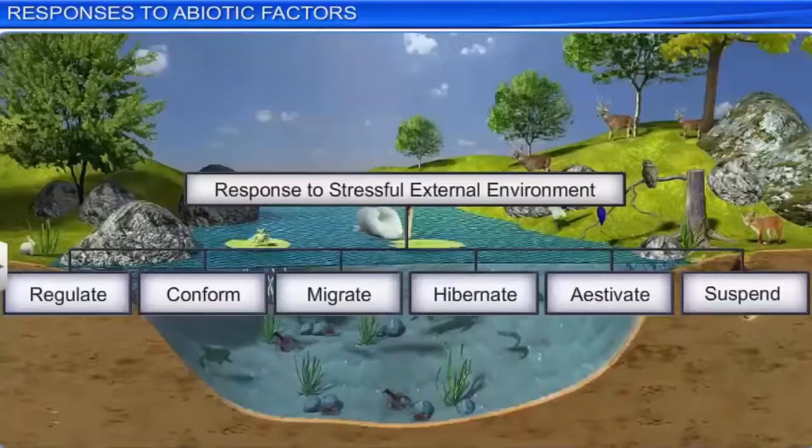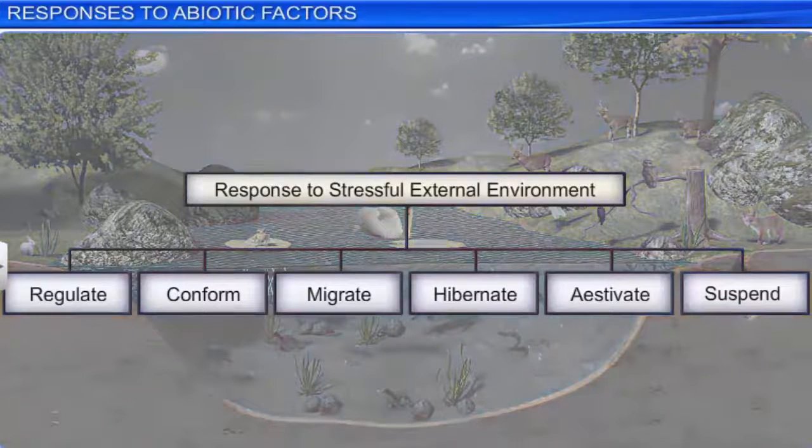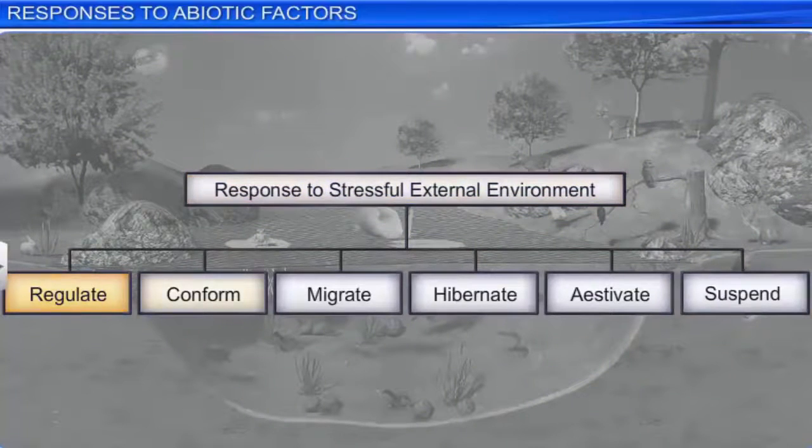In this way, we see that to respond to stressful abiotic conditions, various organisms regulate, conform, migrate, hibernate, estivate, or suspend themselves.